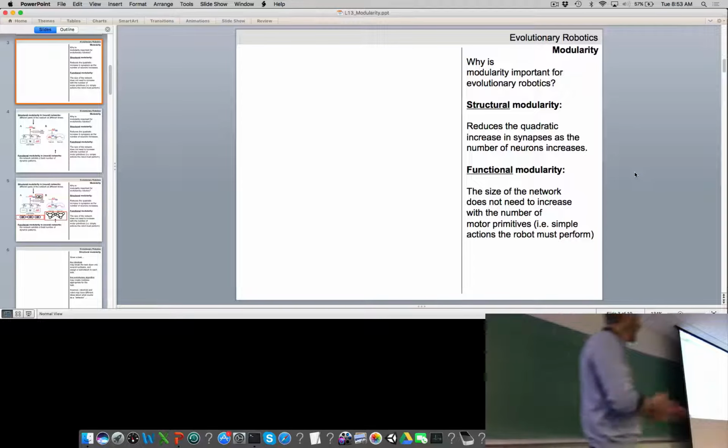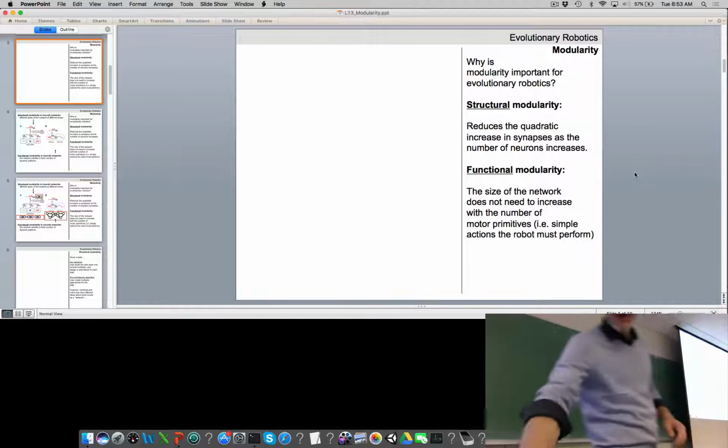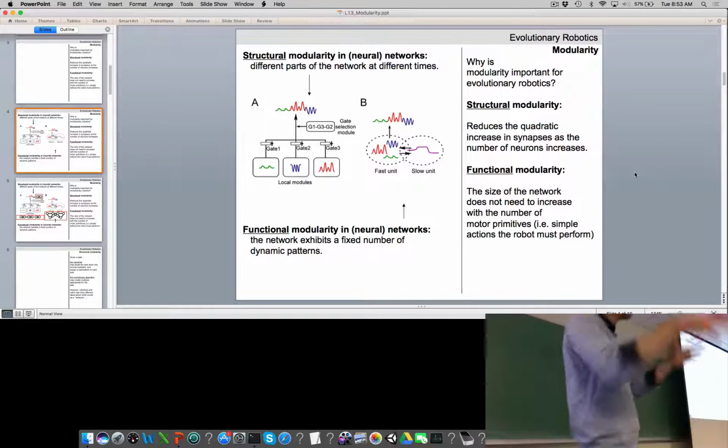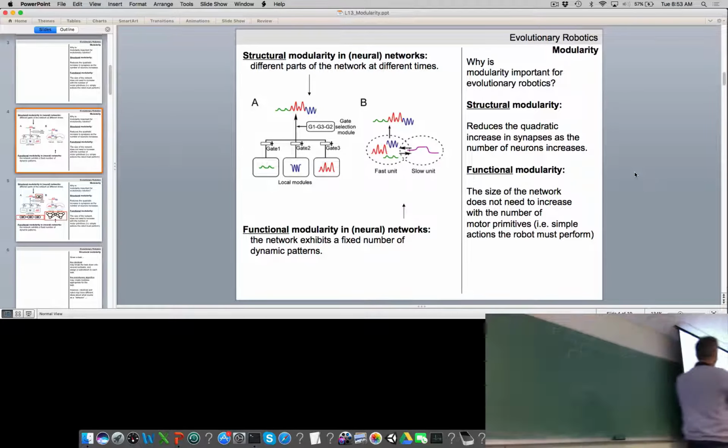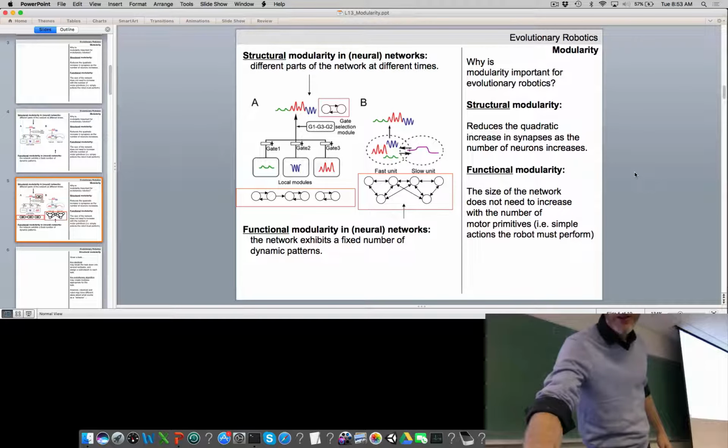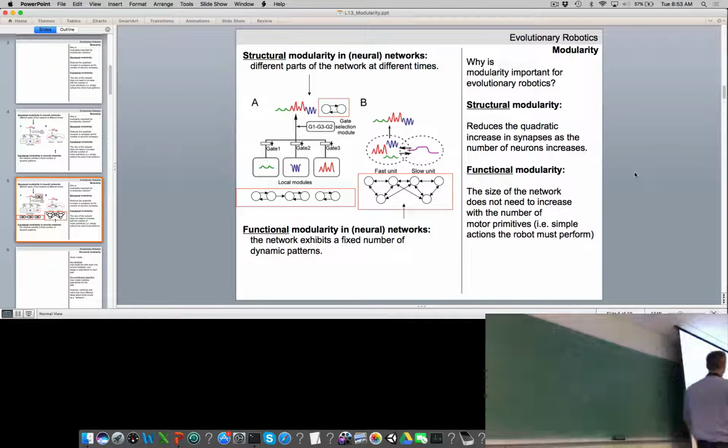Okay. Functional modularity, we saw this before when we saw the little humanoid robot that was shaking the block up and down and then left and right. Functional modularity is a little bit different. We might have a structurally non-modular network. Everything may be connected to everything else. I think I have a little cartoon of it here. So here's our network that is structurally non-modular.